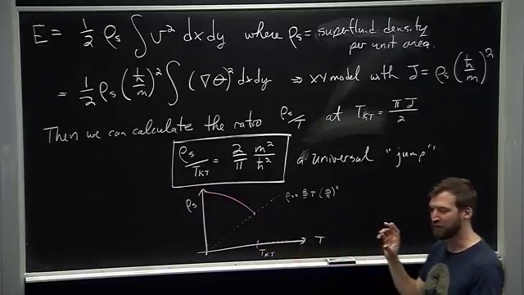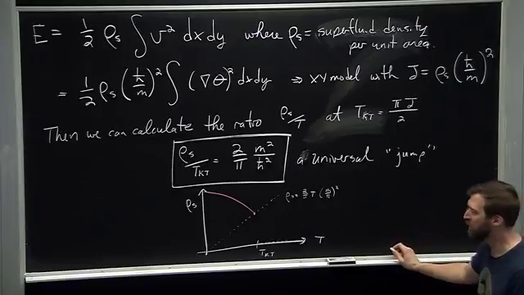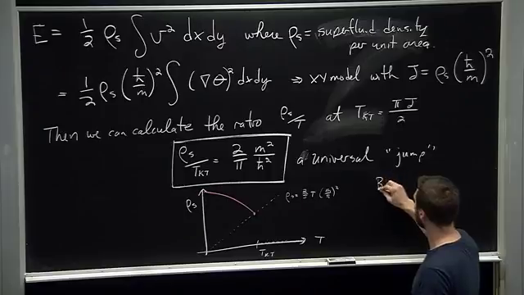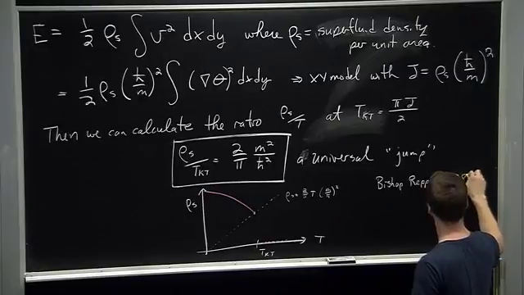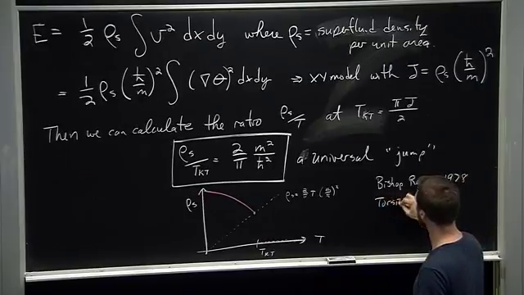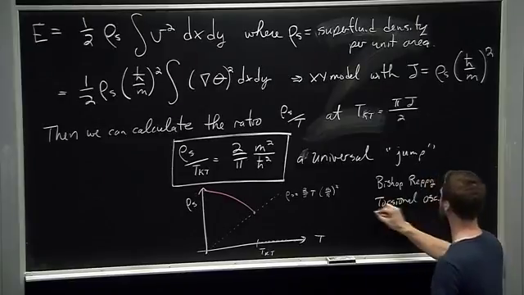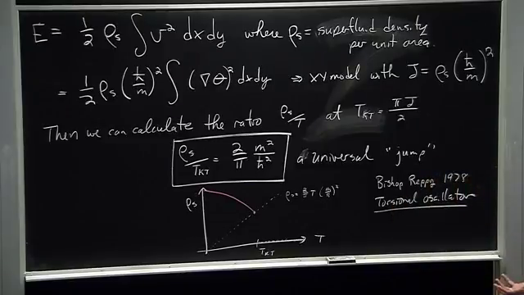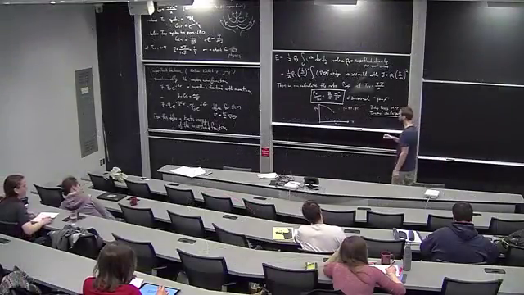So experimentally what happens is they use torsional oscillators. So Bishop and Reppy did this first. So they used a torsional oscillator, and they absorbed helium in thin films on mylar.